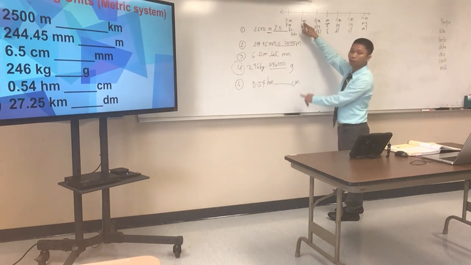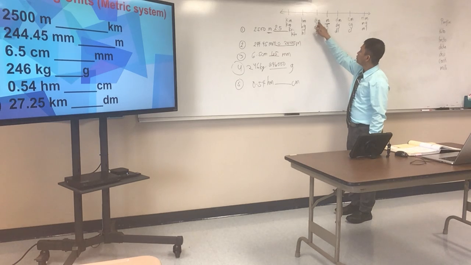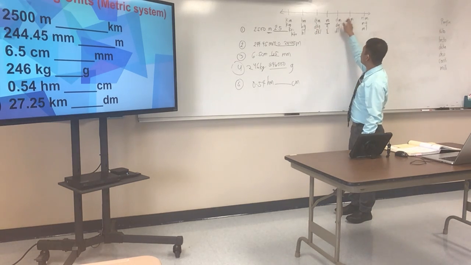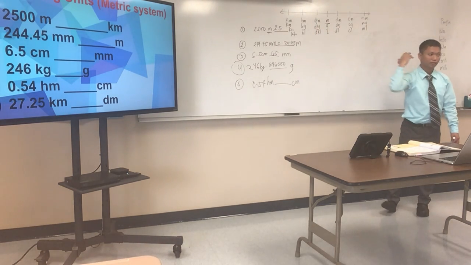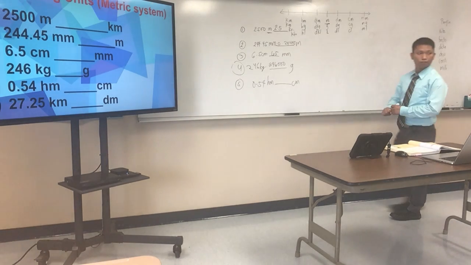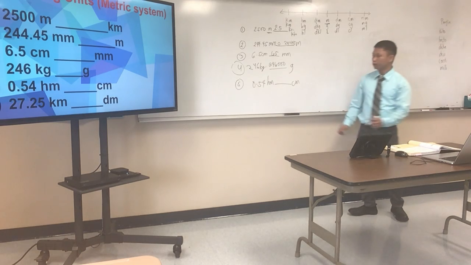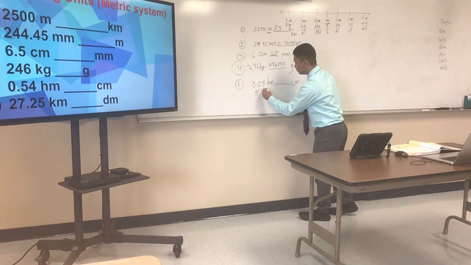So how many decimal places? 1, 2, 3, 4, going to the right. What would be the answer if we have 0.54? 5,400. Okay, that would be 5,400.